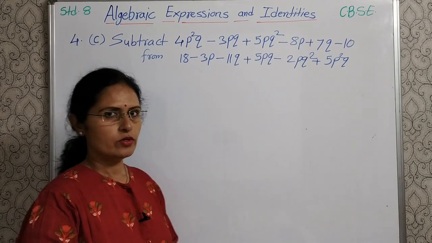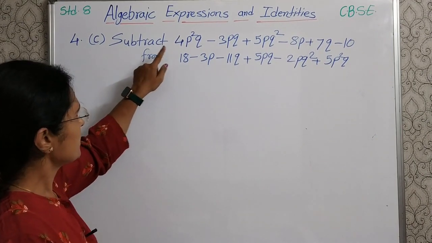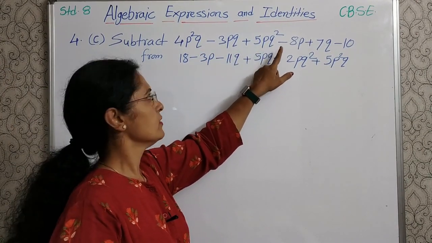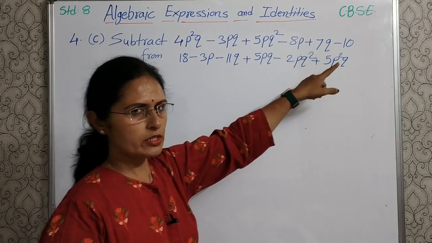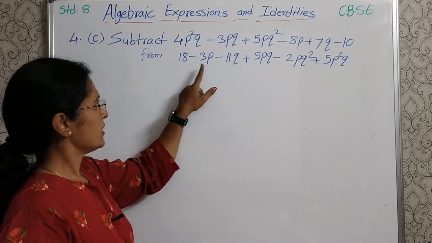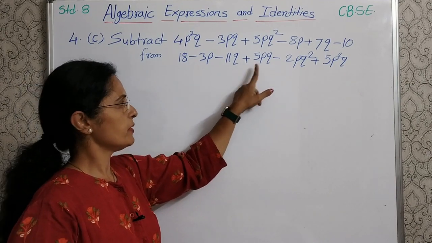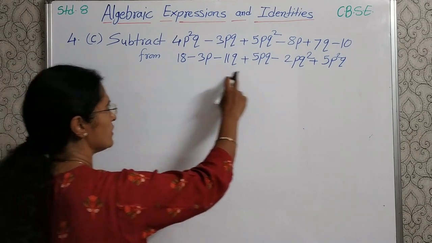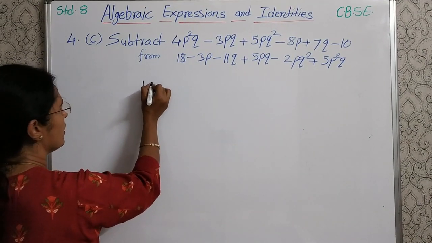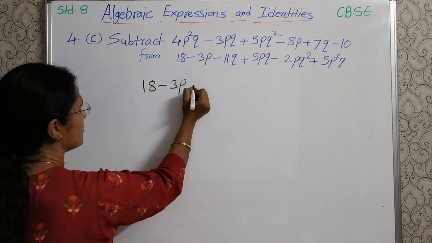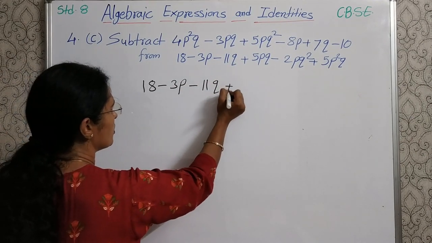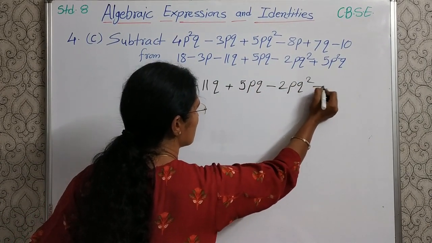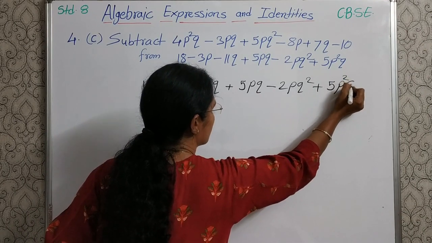Let us solve 4th C. Subtract 4p square q minus 3pq plus 5pq square minus 8p plus 7q minus 10 from 18 minus 3p minus 11q plus 5pq minus 2pq square plus 5p square q. So first we'll write this expression: 18 minus 3p minus 11q plus 5pq minus 2pq square plus 5p square q.